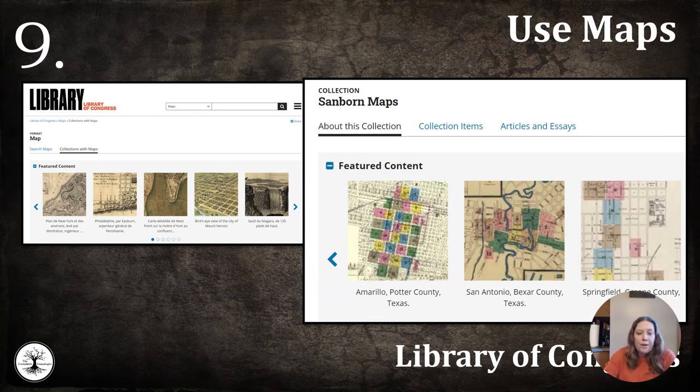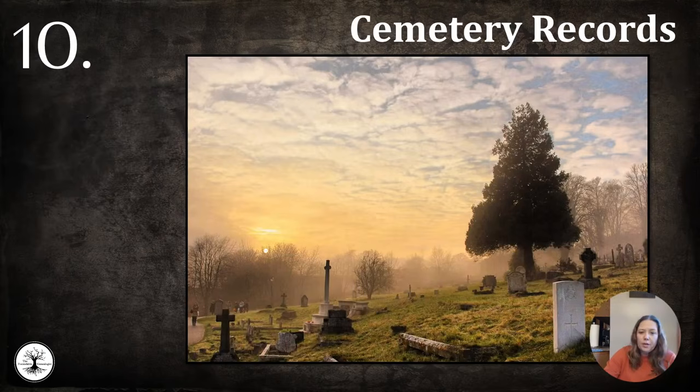The Sanborn fire insurance maps, they weren't created for genealogists. They were created to assess the likelihood of fire for urban areas so that they could assess fire insurance rates based on that. But you might be able to look at where your ancestor lived and see, oh, they lived above a butcher shop or something like that. All free on Library of Congress.